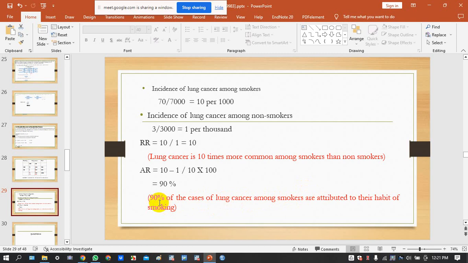So we attribute or infer causation that smoking leads to lung cancer. That is, 90% of people who smoke get lung cancer because of their smoking habits.